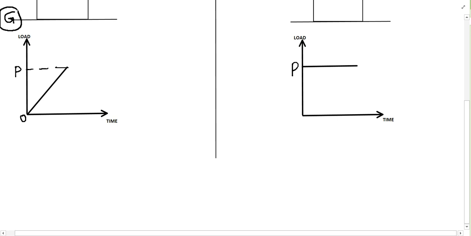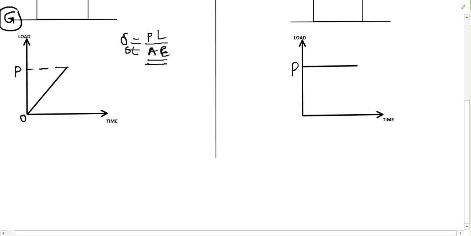Now whatever formulas we have derived earlier are for gradually applied load. That means the deformation, the elongation which we have derived, PL by AE, is for gradually applied load. Let's say this as delta static.